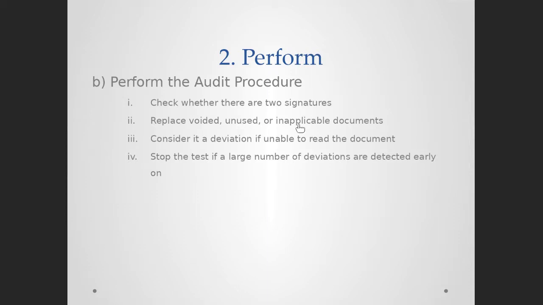The third type of document is if you take something in your sample which is not a check. Maybe this is a receipt, maybe this is some other document that is included in your sample of 50. In that case, you put that back and you take another one, right? So these three: voided, unused, and inapplicable.